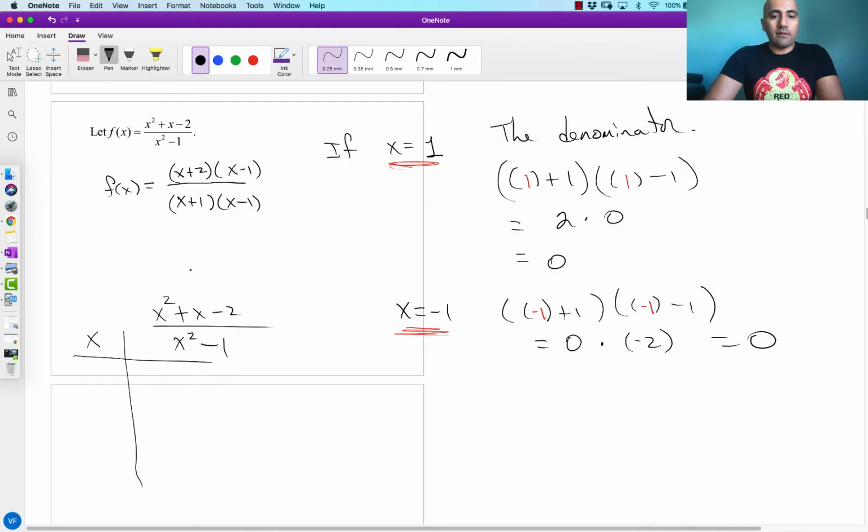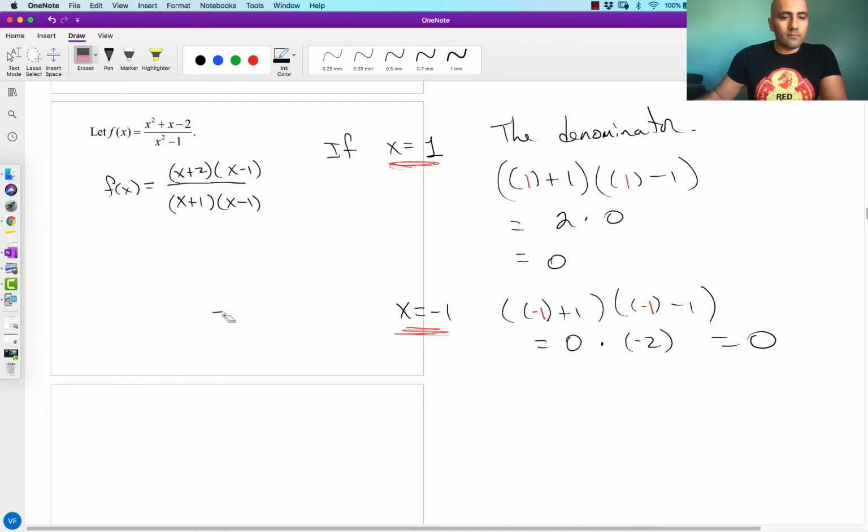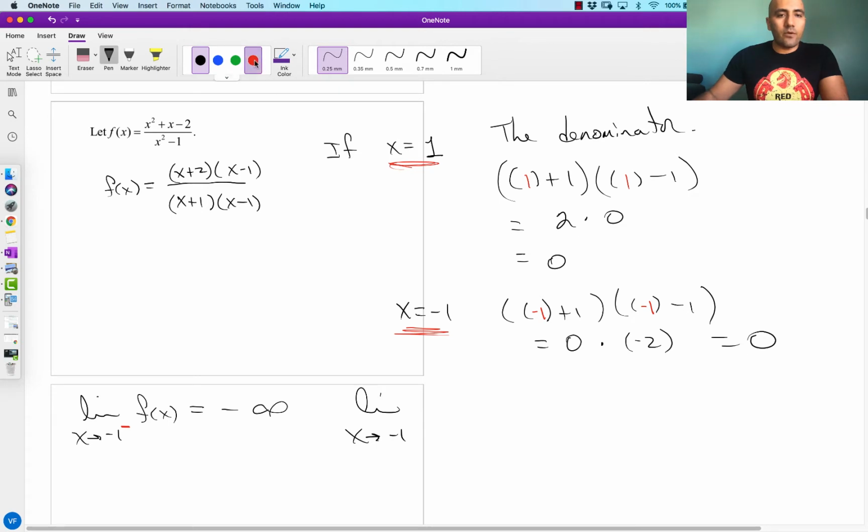Okay, so based on that, I feel comfortable indicating that the limit as x approaches -1 of my function f of x is going to be equal to negative infinity as long as I approach it from the left-hand side, and the limit as x approaches negative 1 from the right-hand side of f of x.